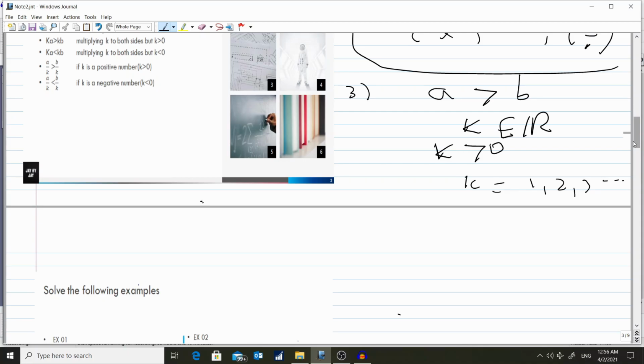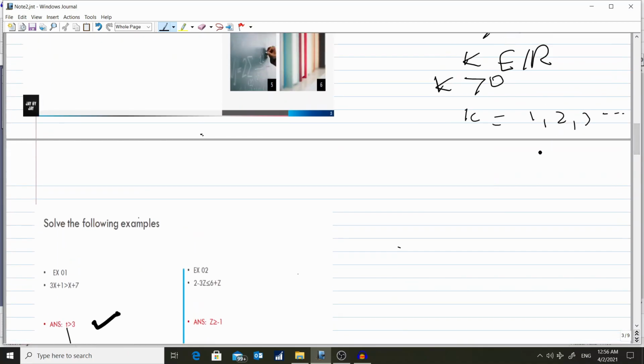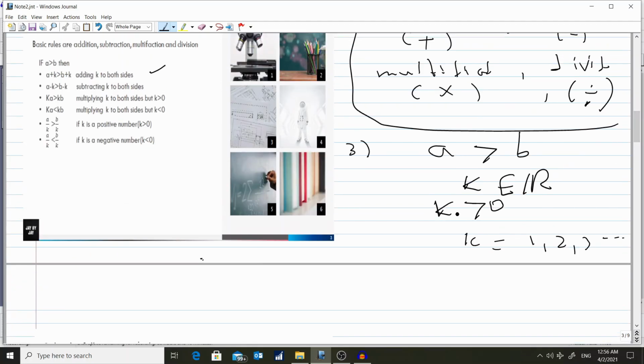It can be fractions also. So in this case, if we multiply both sides by this k value, and this k value is positive, the direction of the inequality will not change.